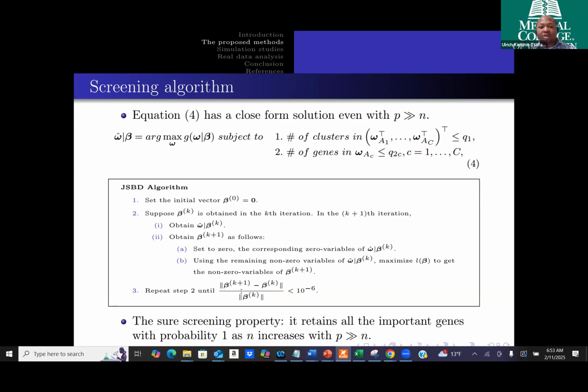The algorithm is pretty simple. With this algorithm, we mathematically show that our method has the sure screening property, meaning that it retains all important genes with probability 1 as n increases, with p still being greater than n.